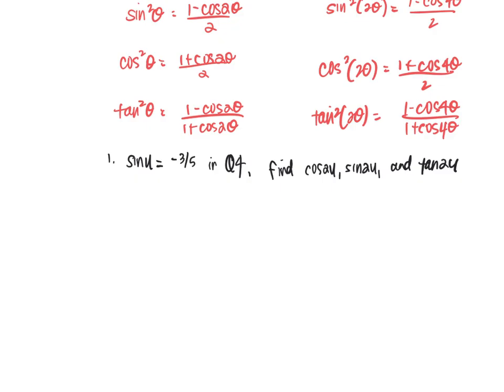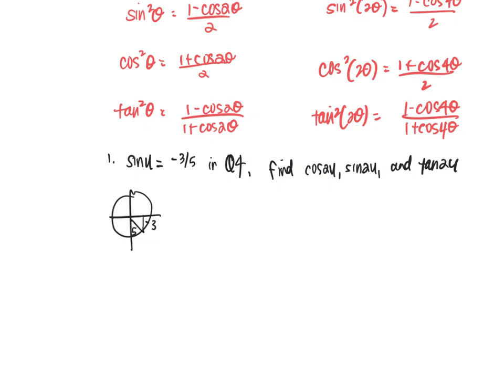Well, we can use a formula from before. Last section is double angle formula. And there's 3 cosine 2u formulas, but you can find there's only one. All right, I'm going to draw a picture.